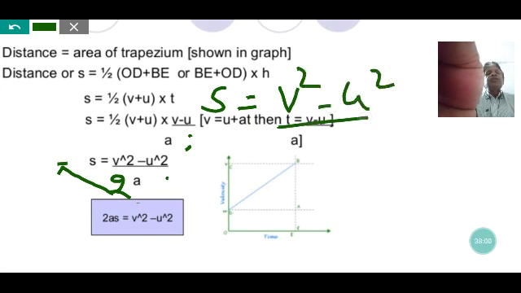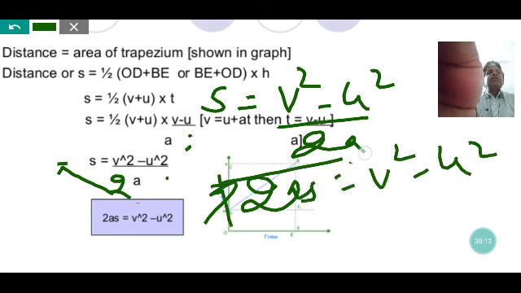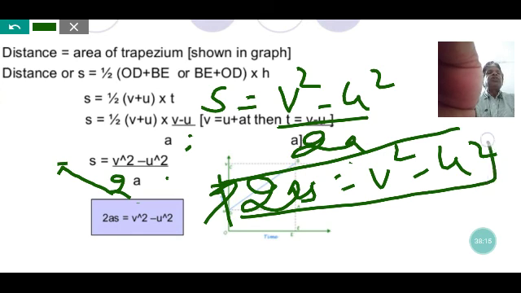If you multiply both sides by twice A, we get twice AS is equal to V square minus U square. That is the third equation of motion.